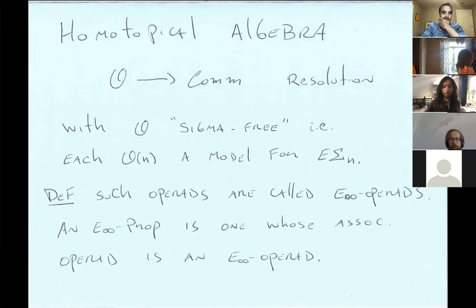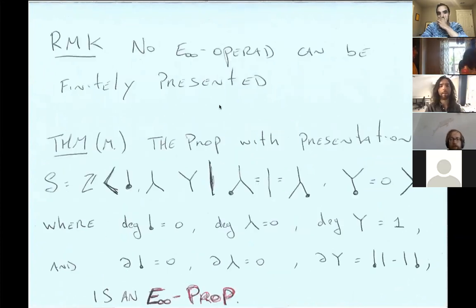So before I introduce the gadget that I want us to discuss today, I would like to make a remark, and that is that if we stay in the context of operads, it's impossible to give a finite presentation of an E infinity operad.